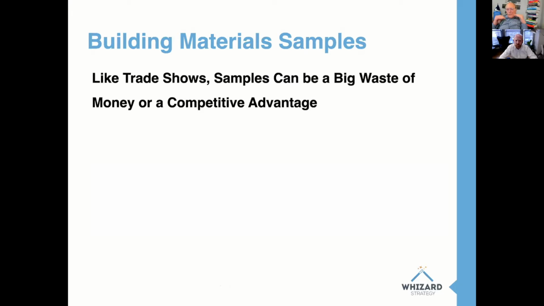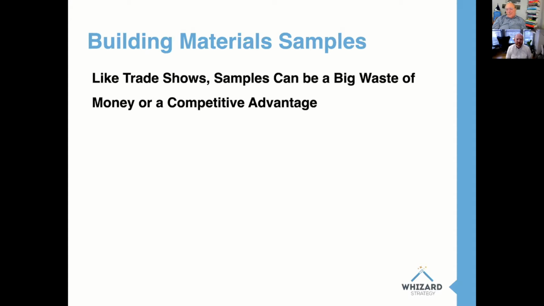Now, one of the things, if you follow me at all, is that I go crazy when I see companies wasting money. I see companies wasting money, for example, on trade shows, and samples are another huge budget item for many types of building material companies.